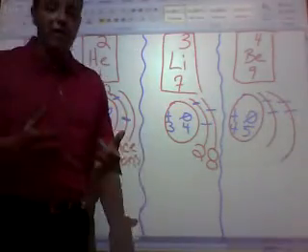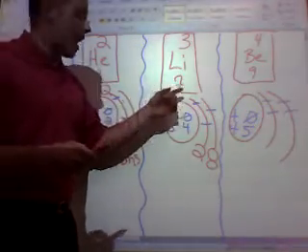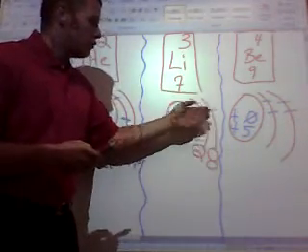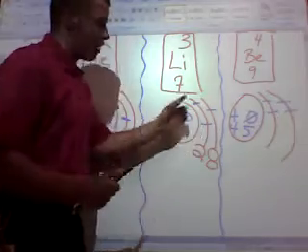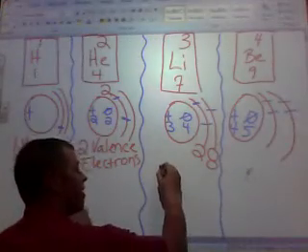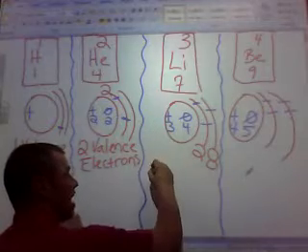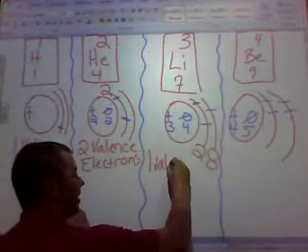However, when determining valence, if you remember, you only look at the outermost ring. You do not count the innermost rings. So, if you could guess it with me, lithium has 1 valence electron.